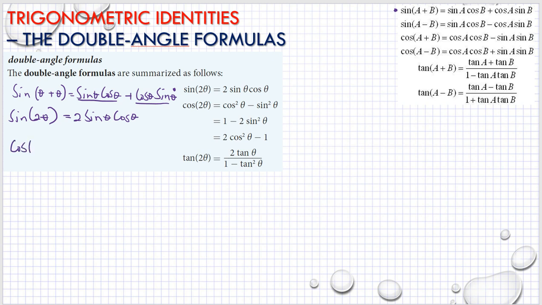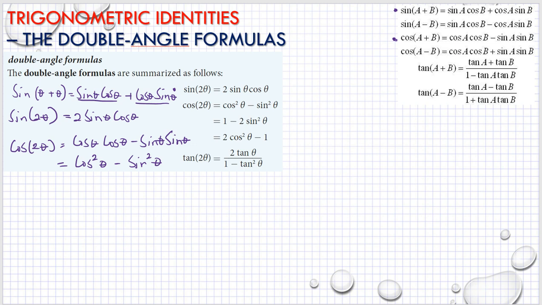Cosine of 2 theta is equal to this formula, cosine theta times cosine theta minus sine theta times sine theta, which is cosine squared theta minus sine squared theta.